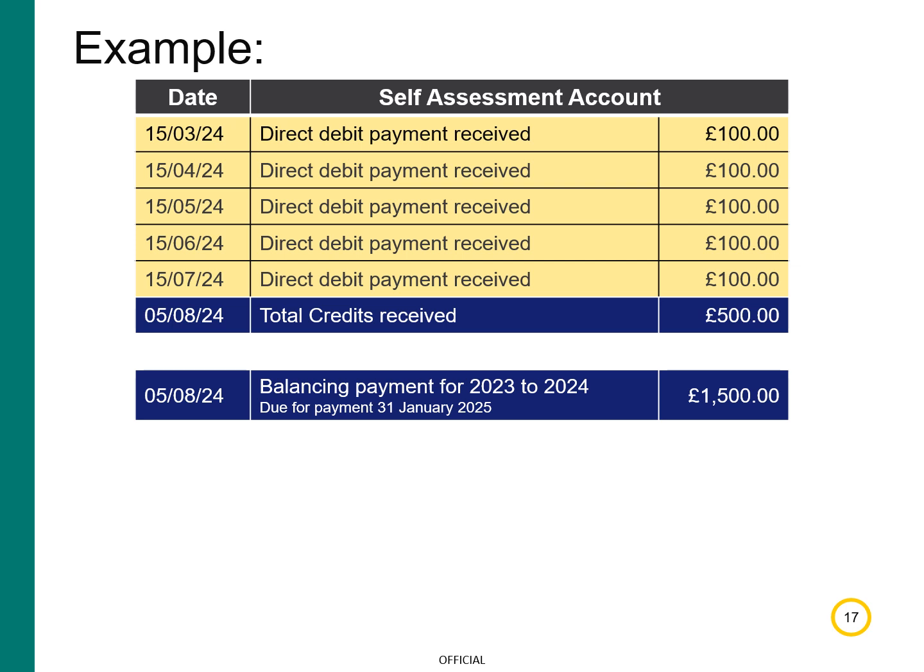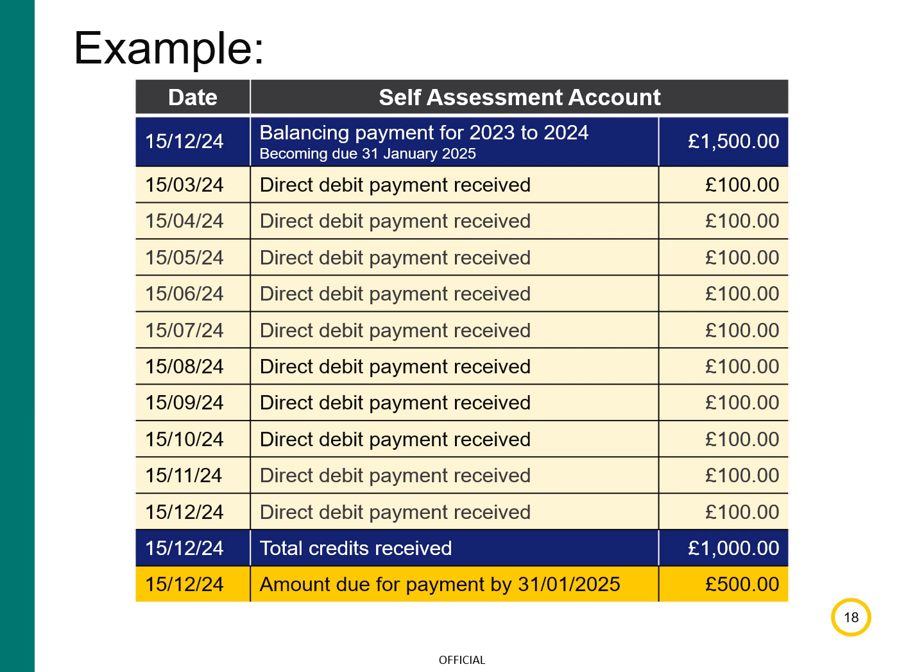This shows on your self-assessment account a few days after we receive the tax return as due for payment by the 31st of January 2025. The £100 monthly payments you've been making each month from March 2024 will show as a credit on your statement until the balancing payment is becoming due, but will not show on your tax calculation.